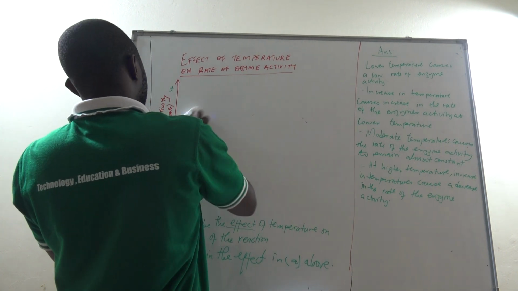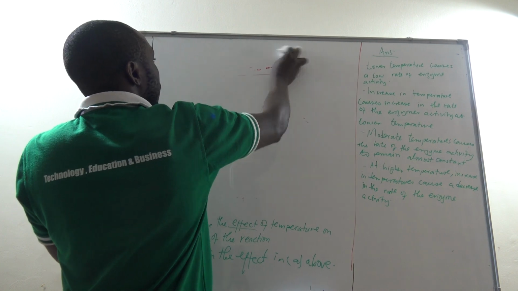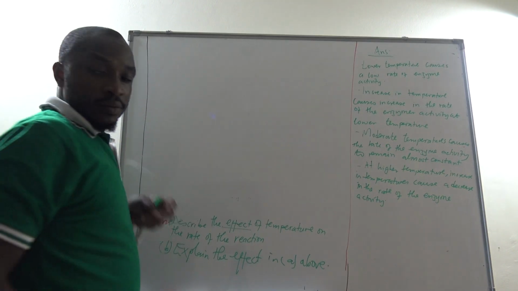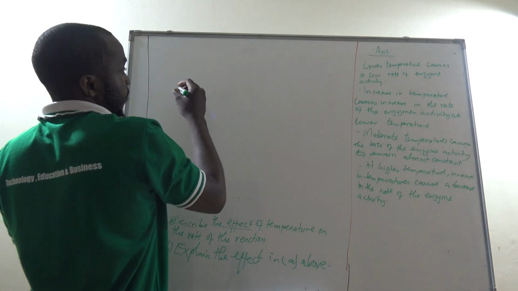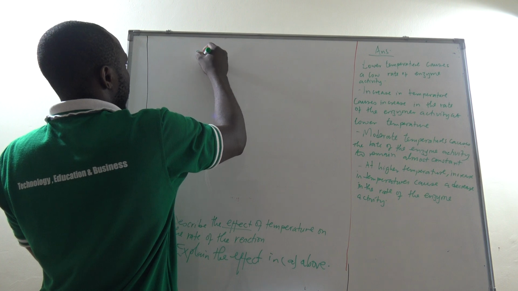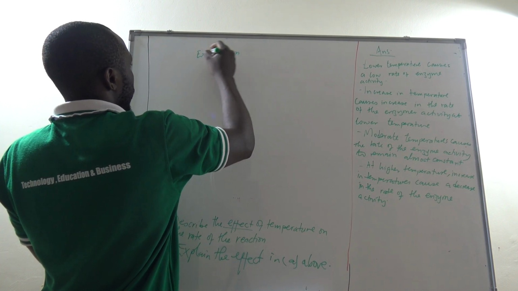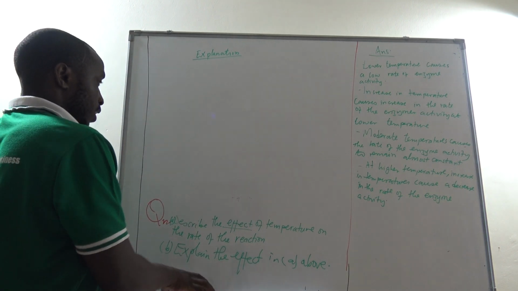The explanation is coming from the data as it was on the graph, but from your descriptions. From your descriptions. So we'll continue and say explanation.